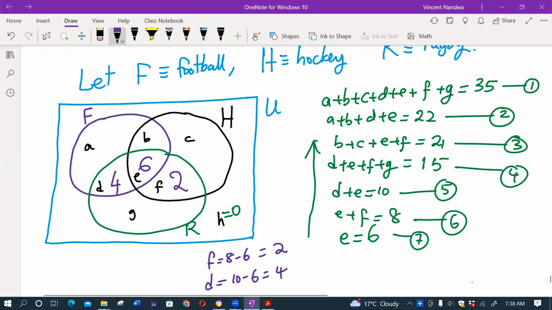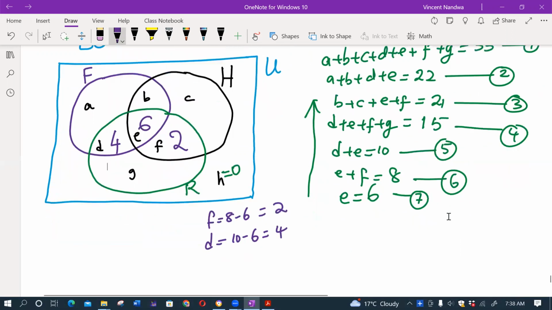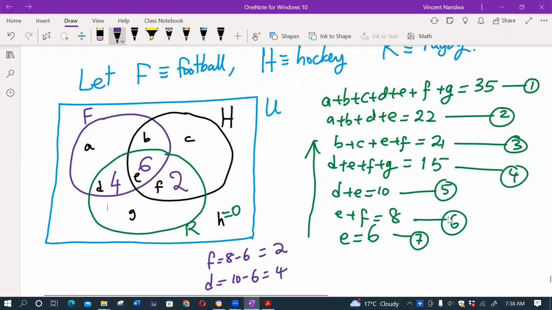Then from equation 4, D is 4, and E plus F from 6 is 8, plus G, I should get 15. So 4 plus 8 is 12, plus G equals 15. Then G is 15 minus 12, which is 3. So I put here 3.